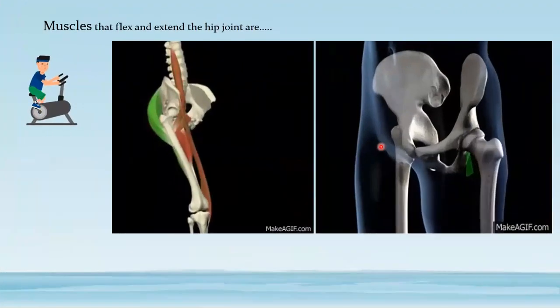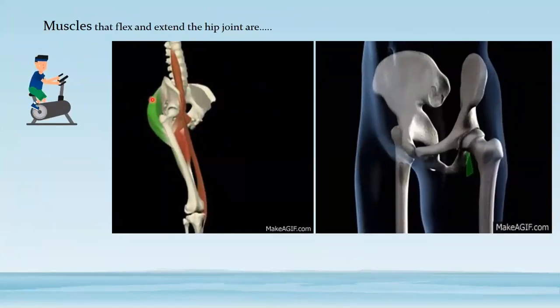And then the muscles that extend and flex at the hip joint. So you have to answer this exercise and submit it on Elif later on. Just give me the name of the muscle.